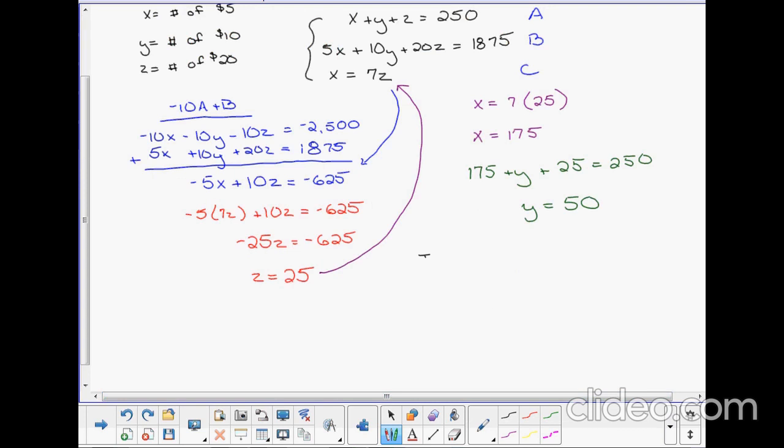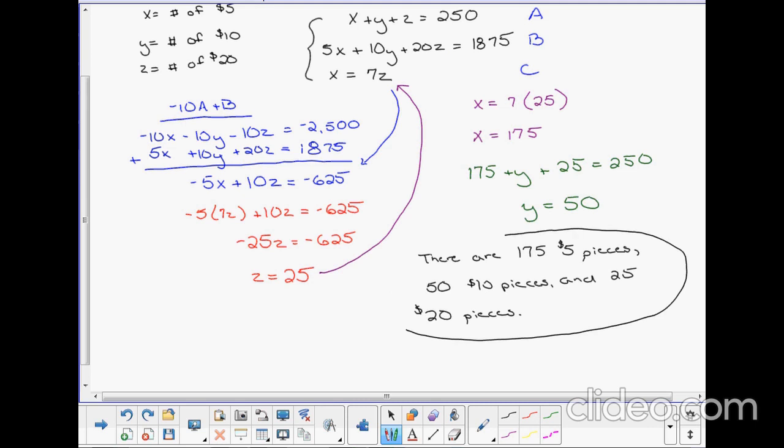So there are 175 $5 pieces, 50 $10 pieces, and 25 $20 pieces. And there we have an answer.